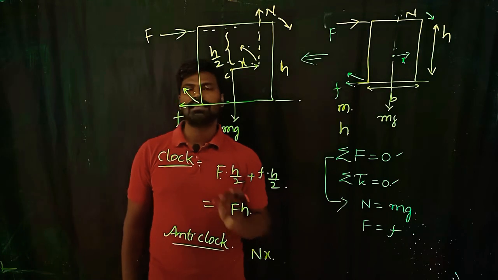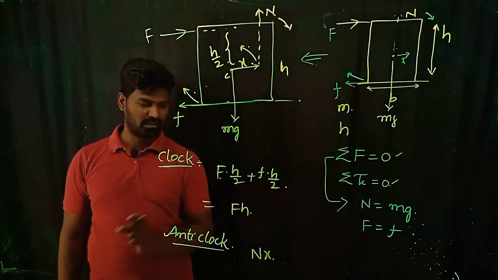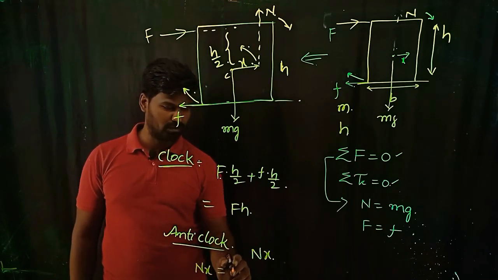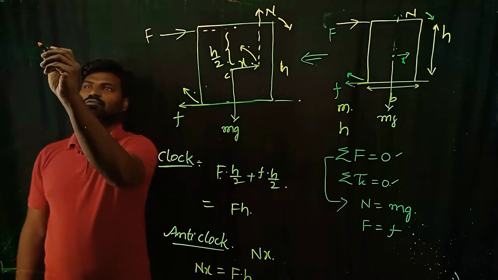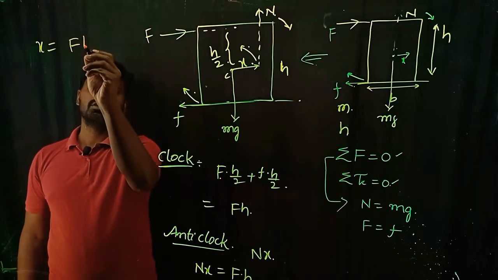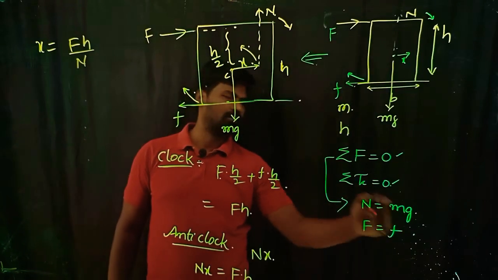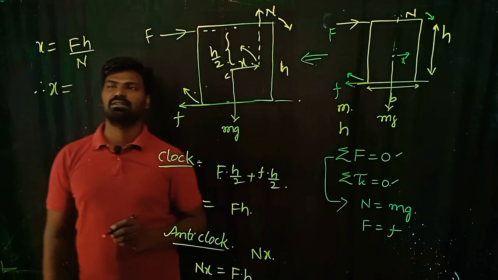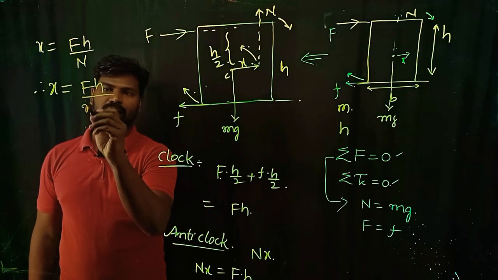So when the body is in equilibrium, this clockwise torque should be balanced by the counterclockwise torque, because of which I can write N into x should be equal to F into h. Through which I can write the expression for x as x is equal to F into h divided by N. What is N here? N is nothing but the gravitational force mg. Therefore, the distance through which the normal reaction is shifted is given by x is equal to F into h divided by mg.